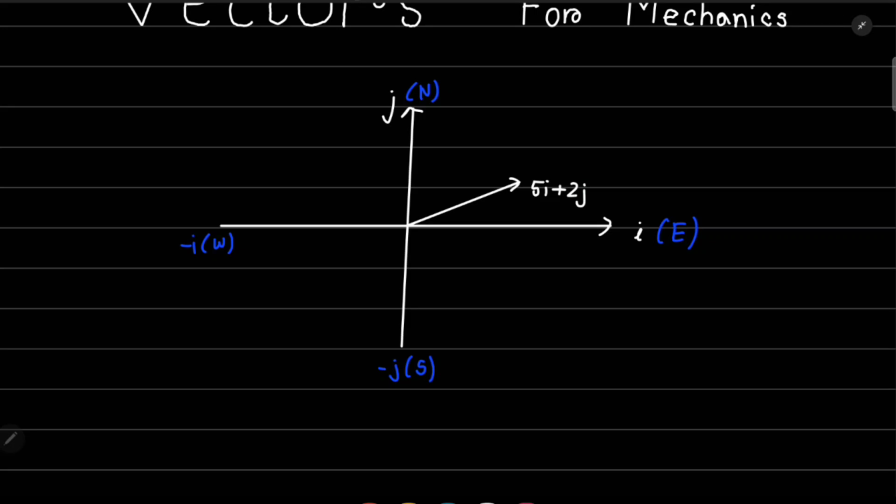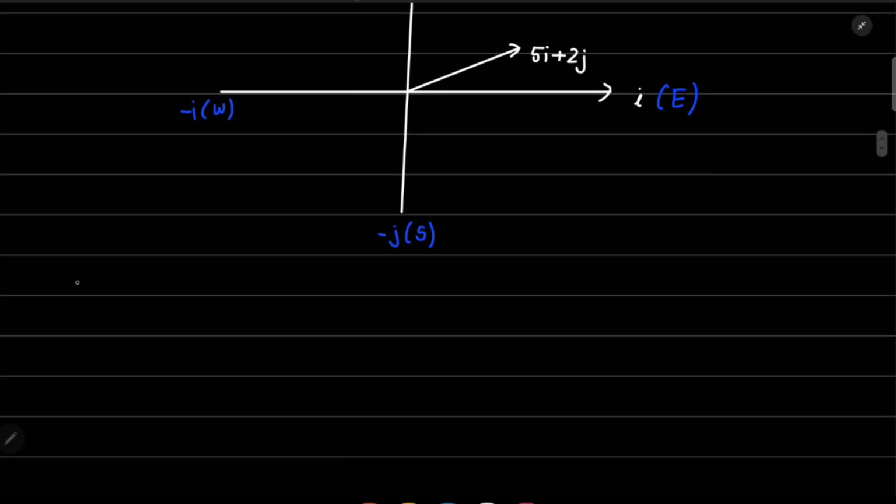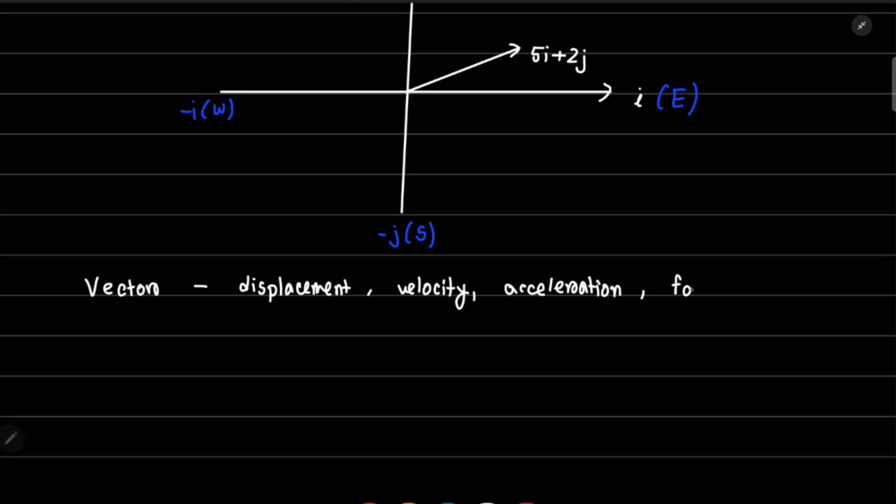Now we could have vectors for a lot of stuff. If you remember the different scalar and vector quantities we learned, the vector quantities were displacement, velocity, acceleration, force, and many other ones, momentum included.